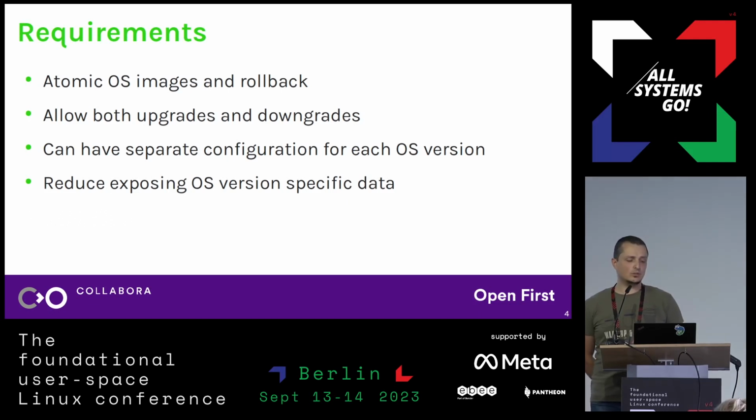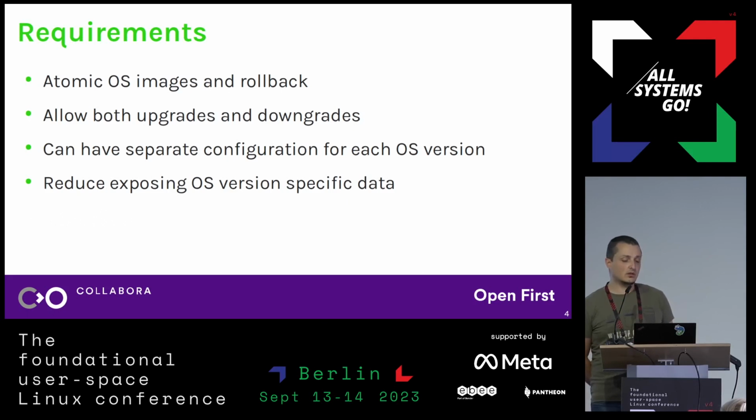Another thing that we need to be aware of is that there is an interest in having both updates and downgrades, meaning that you can get, let's say, from the latest version to the one prior, or if you're actually running the so-called stable channel, you want to try the beta, which is a little bit newer, and then bounce back.